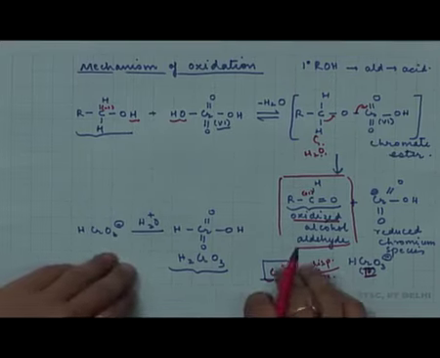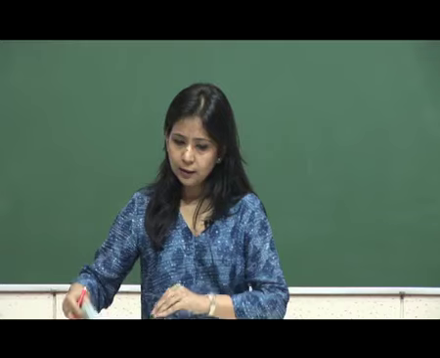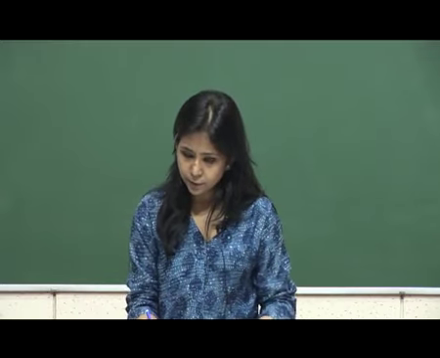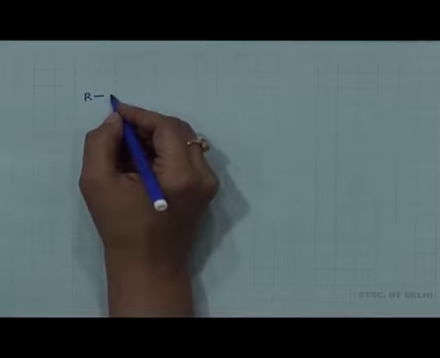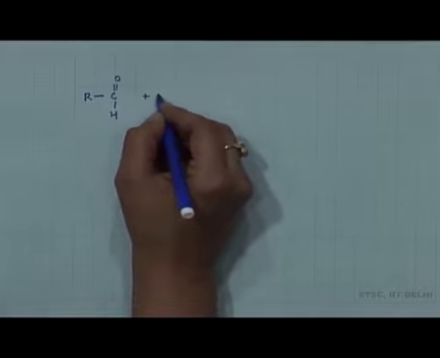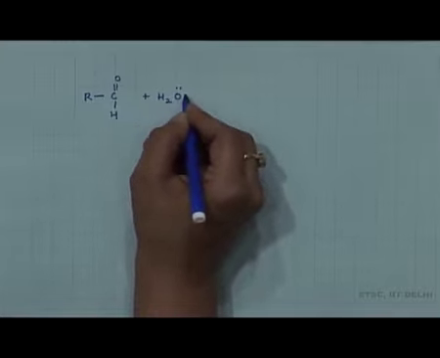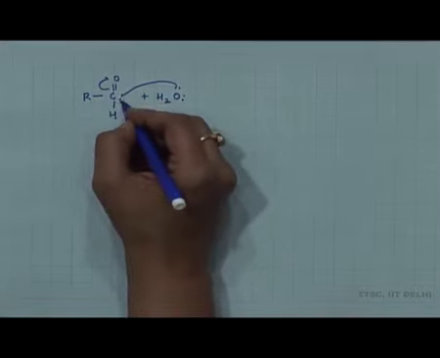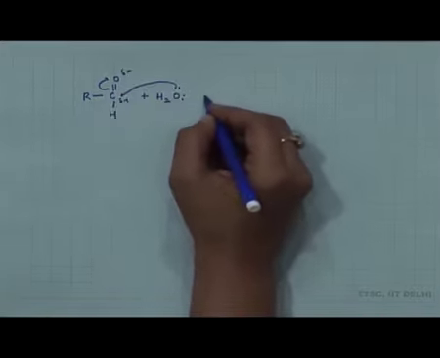We move on now to see what happens, that this reaction does not stop at the aldehyde stage, and it further continues all the way to give you the acid. So, you have now the aldehyde with you. Okay. Under aqueous conditions, what is happening? This is delta plus, delta negative.